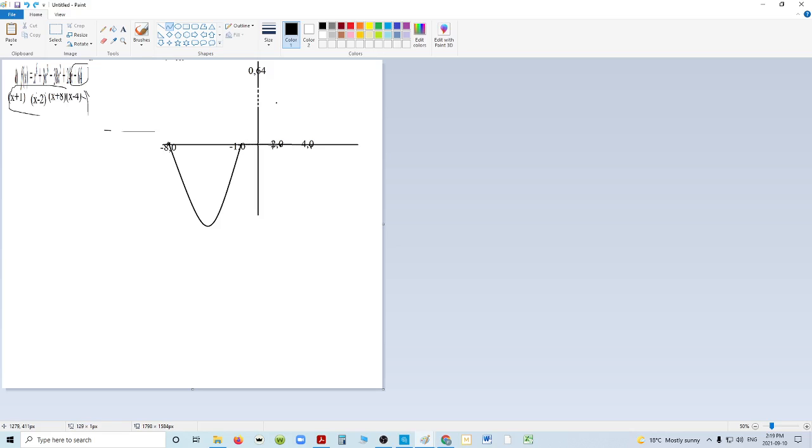And then this part here is going to go way up to the 64 part. And I can't quite get it there. Let's just pretend that's it. And then this one's not going to dip down too much. Dip down like that. And these ends are going to go off forever this way, and off forever this way.